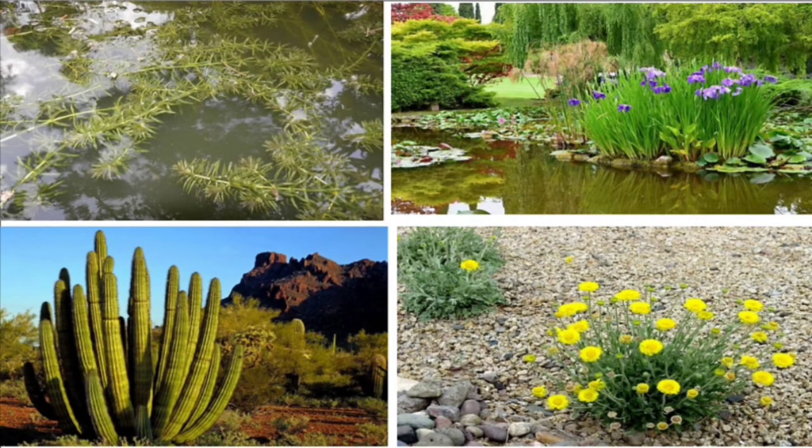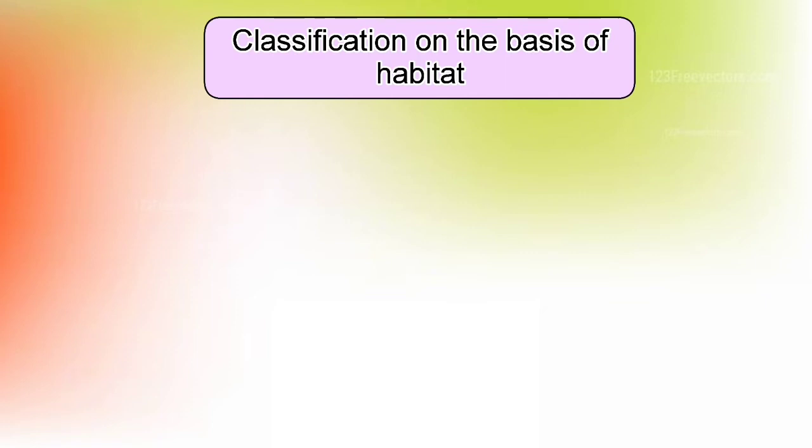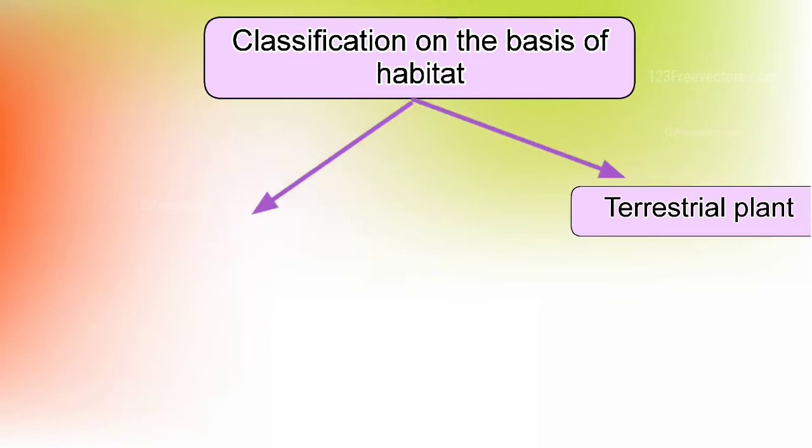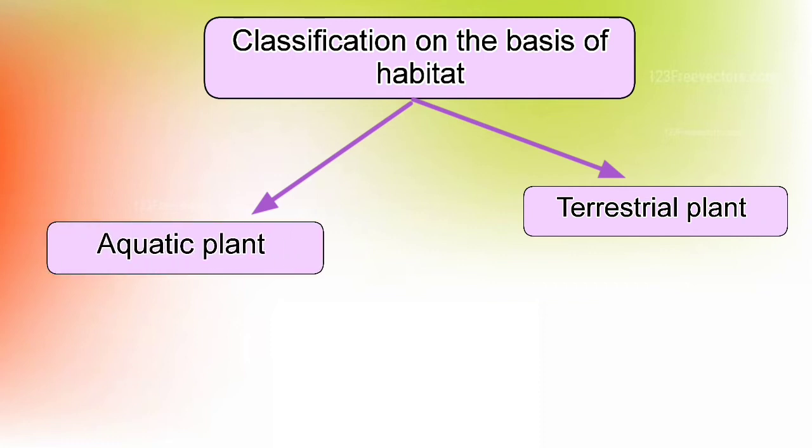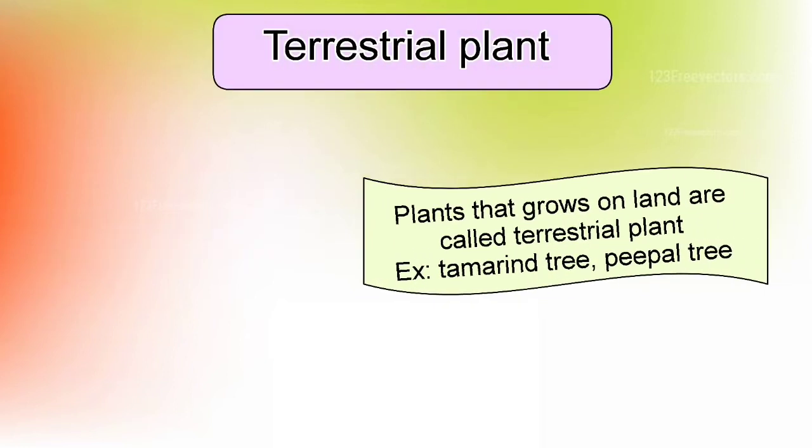Some plants grow on land and some plants grow in water. On the basis of their habitat, plants are classified as terrestrial plants and aquatic plants. Terrestrial plants. Plants that grow on land are called terrestrial plants.